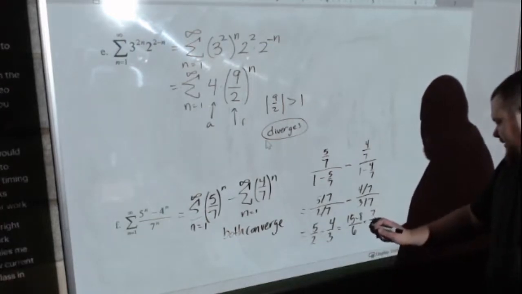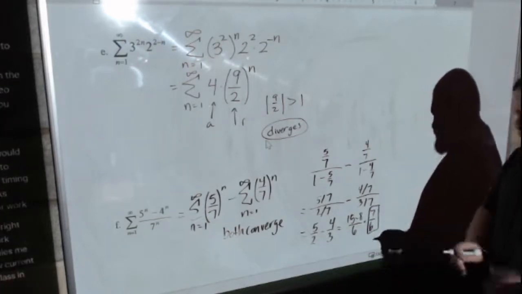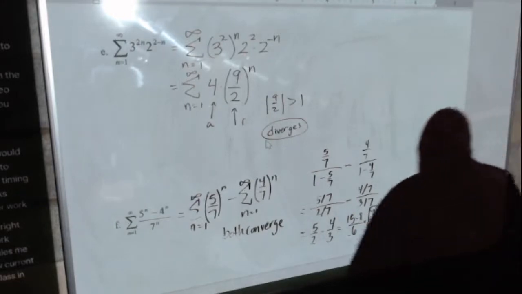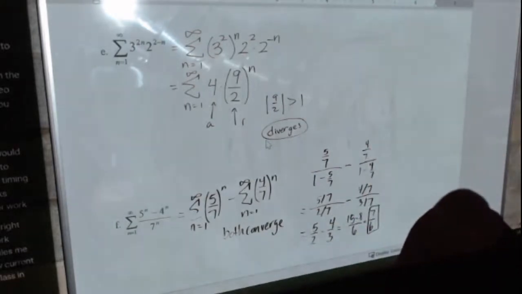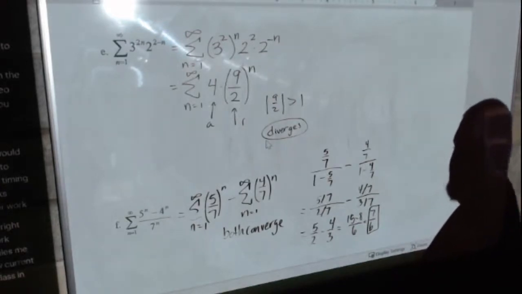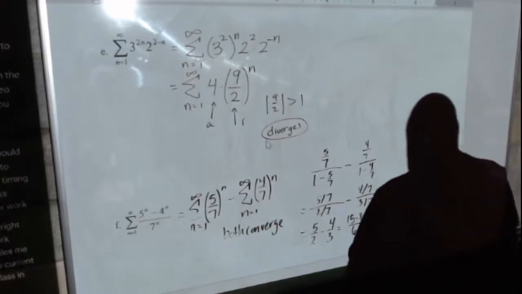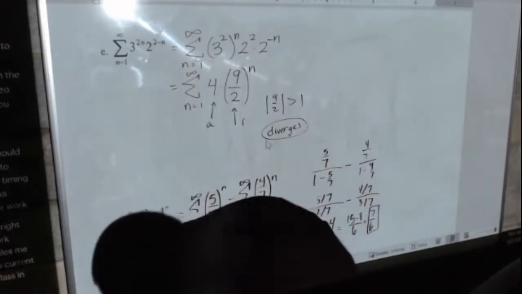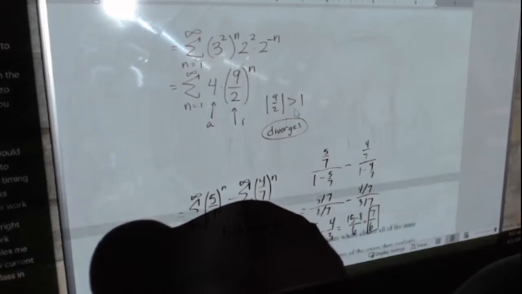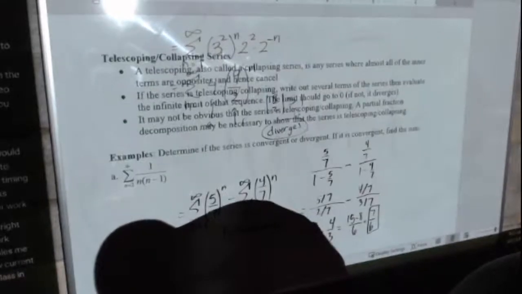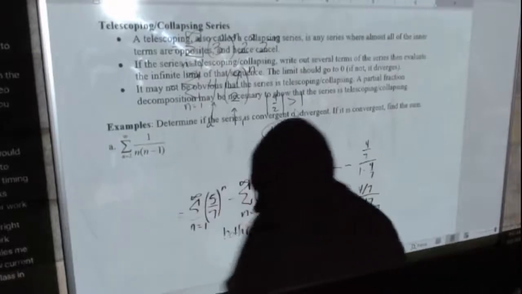So that's what, 7/6? I think that's all of geometric series. So we can now look at telescoping or collapsing.